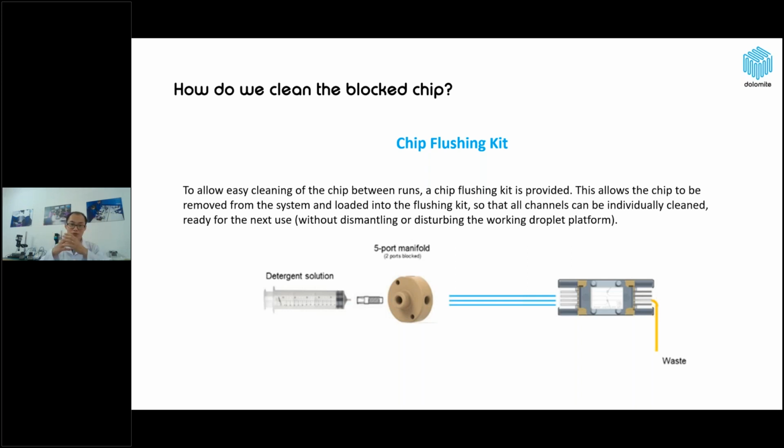Finally, if the contaminant cannot be resolved, it means the chip is already dead. You cannot restore or reuse that chip. It's an unwanted phenomenon that we cannot solve.